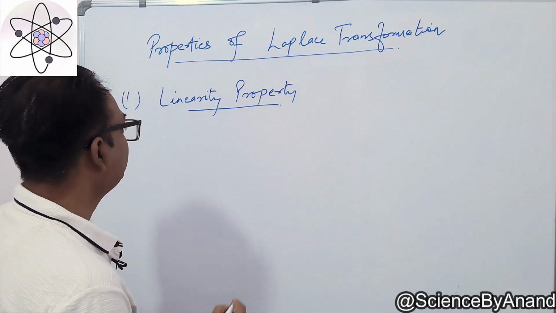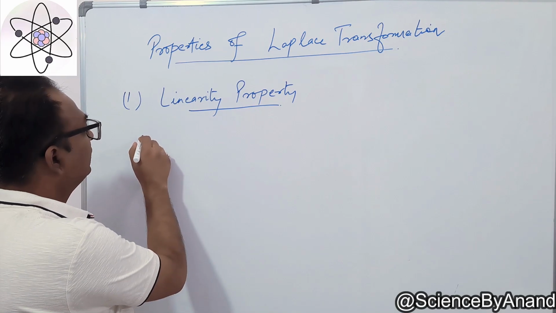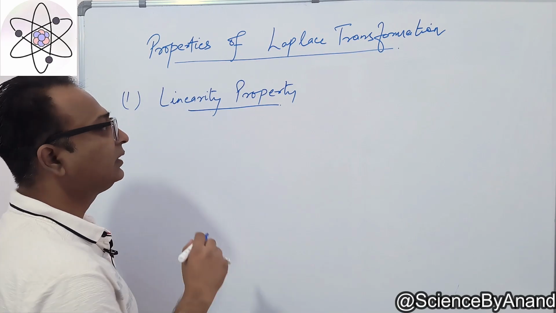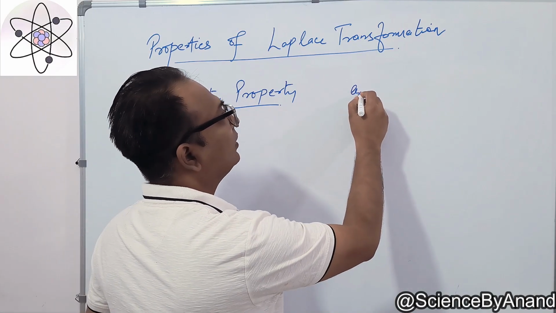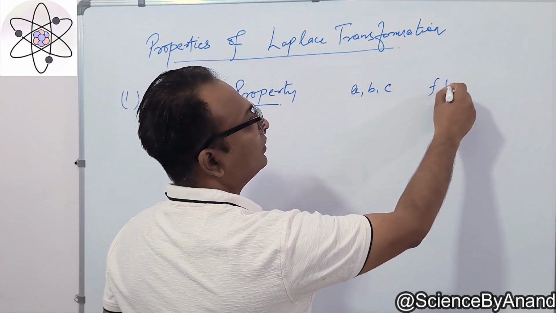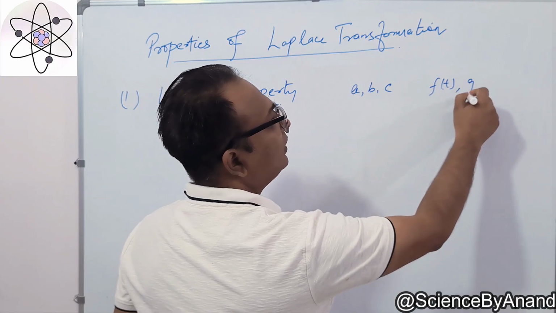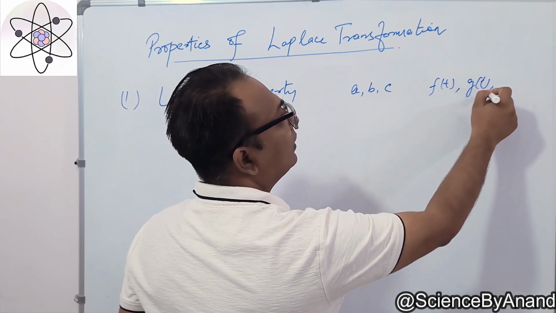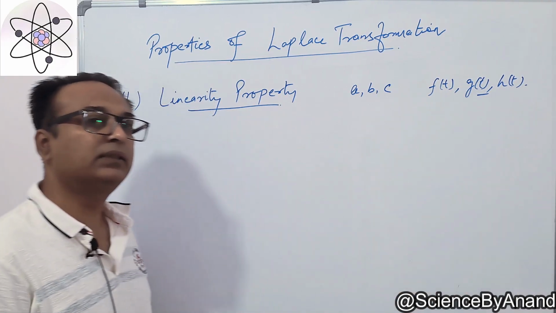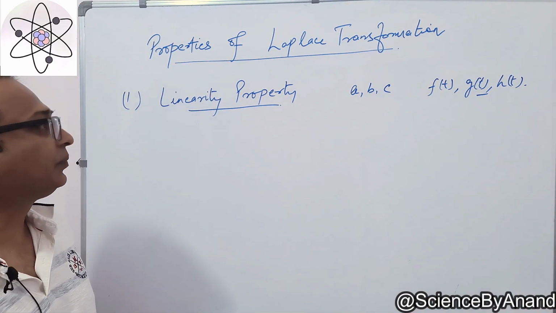Let's say we have three constants a, b, c, and we have three functions f, g, and h, these are three functions of t.